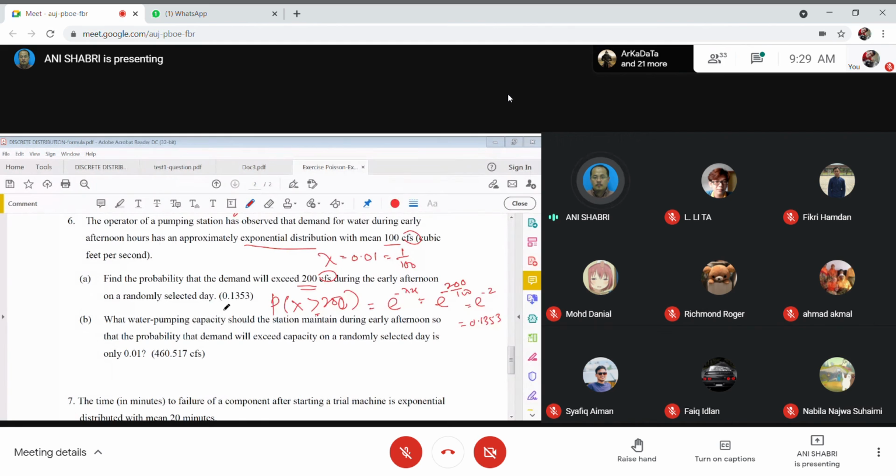Okay, number B. What is the mathematical form for B? What is the probability? For this one, water pumping capacity.